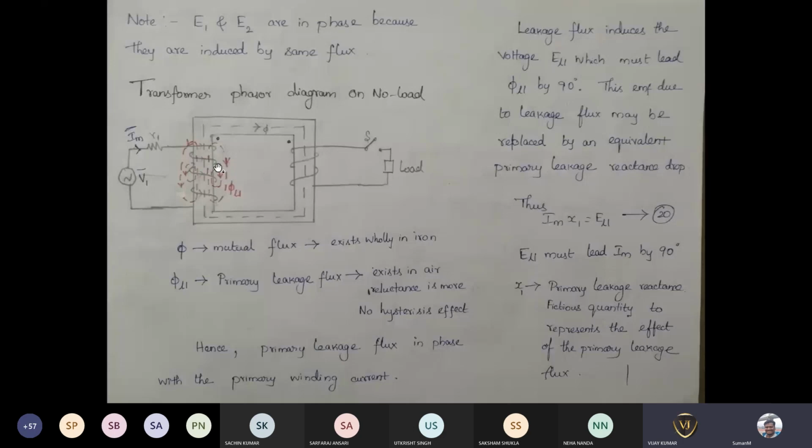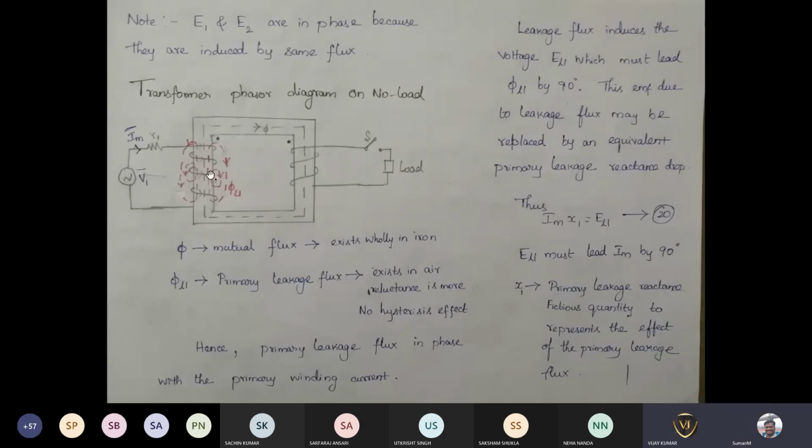So when you are increasing the current, the flux will increase immediately. When you are decreasing the current, the flux will decrease immediately. Even though it is linking only some part of the iron core, the flux and the current will be in phase with each other.